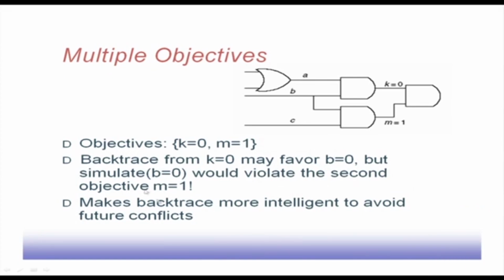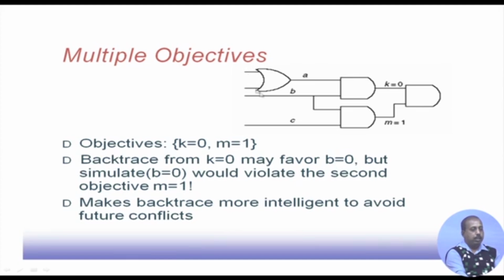Multiple objectives, like in this particular case, suppose we have got two objectives: k is to be set equal to 0 and m to be set equal to 1. If we proceed with one objective at a time, for example, if we try with k equal to 0, this objective has to be satisfied. So, if we come back, maybe we will choose b equal to 0, though there are other options by going through the inputs of these OR gates.